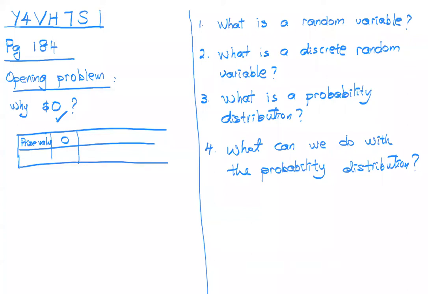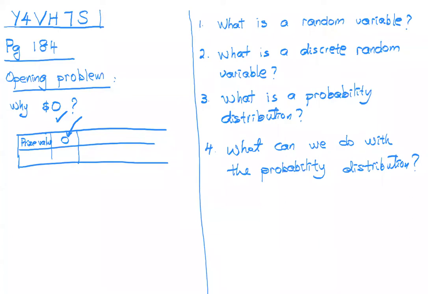What does the 0 here mean to you? Yeah, because this is getting nothing. So you include all the possible outcomes.